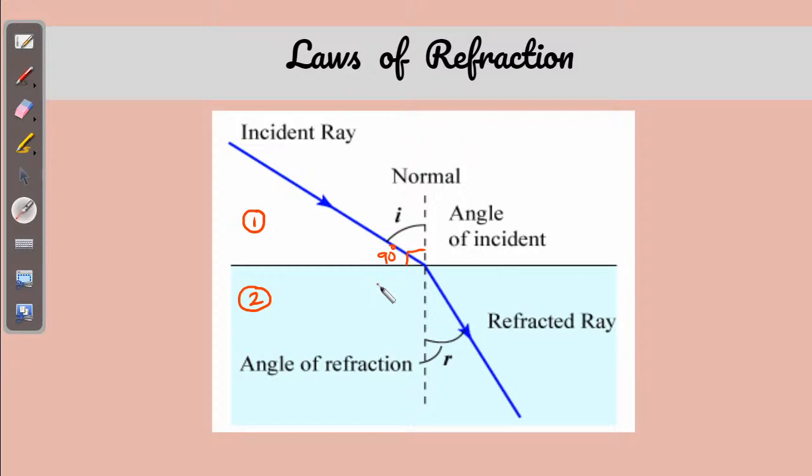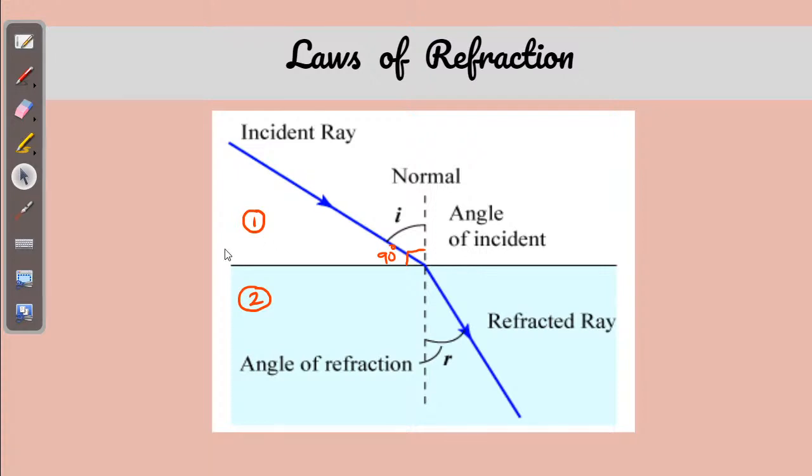Now, in the second medium, I can mark an angle between the normal and the refracted ray. That angle is called the angle of refraction. If you are familiar with all those terms, that is incident ray, normal, refracted ray, angle of incidence and angle of refraction, then we can easily state our laws of refraction.